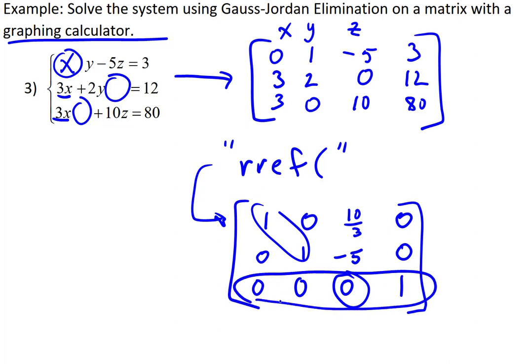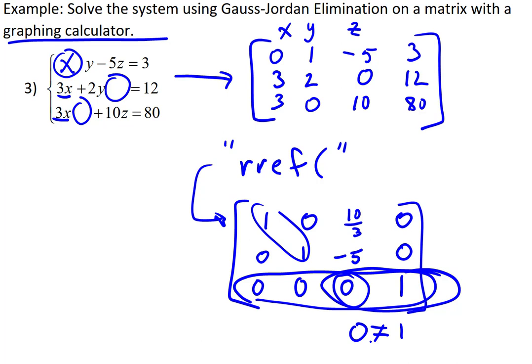So it's 0, 0, 0, 1. If we were to translate that last row back into an equation, remember the first column's the x's, second y's, third z's. This would mean 0x plus 0y plus 0z equals 1, which is another way of saying 0 equals 1 from this last row, but of course that's not true.